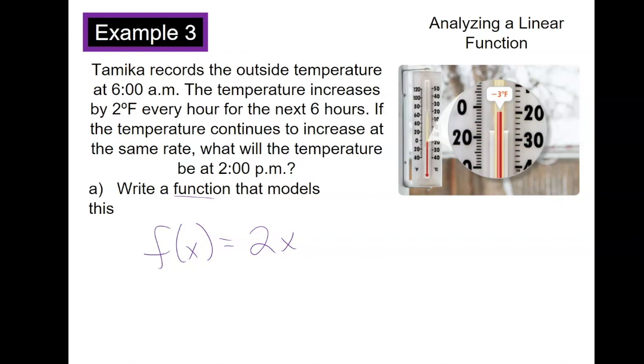And we're going to take away the temperature at 6 a.m. So it increases 2 degrees Fahrenheit each hour, and the temperature at 6 a.m. is going to be -3. So that's where we get these values. You see, there it is there. So that would be like our y-intercept.